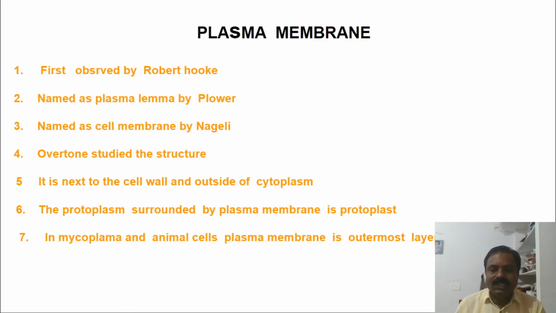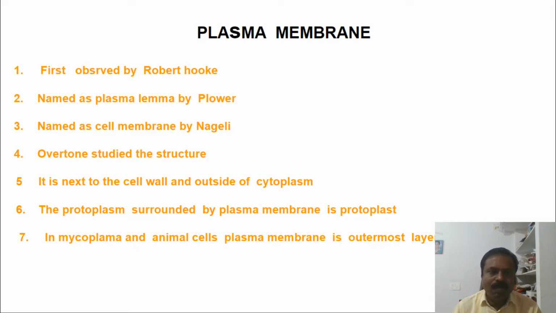Now let us discuss the brief history of the plasma membrane. First, it was observed by Robert Hooke. It is believed that when he studied the cell wall, he also observed the plasma membrane.